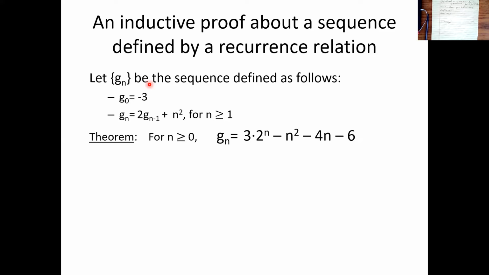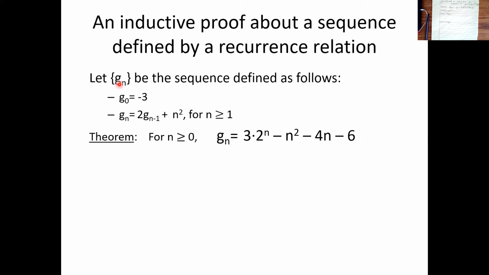So 5 to the even power is 5 to the previous even power times 5 times 5.